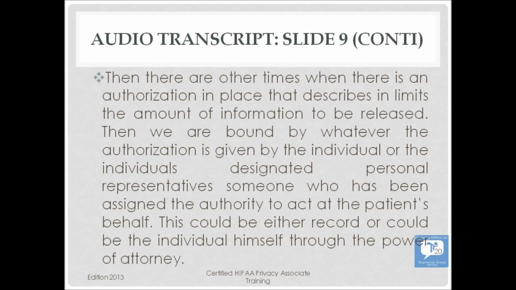Then there are other times when there is an authorization in place that describes and limits the amount of information to be released. Then we are bound by whatever the authorization is given by the individual or the individual's designated personal representative, someone who has been assigned the authority to act in the patient's behalf. This could be either a court or it could be the individual themselves through a power of attorney.